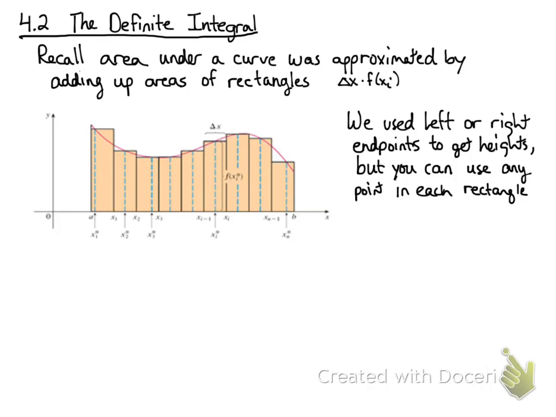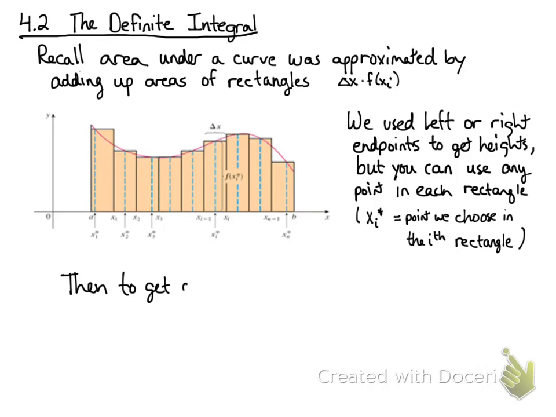And then the next one you pick another point, follow it up, and that's how high you draw that rectangle. The notation for the point you pick in the first interval is x1 star, and in the second interval it's x2 star, and so on. So in the ith rectangle, the point you pick to get the height is the xi star, and that means the height is f of xi star.